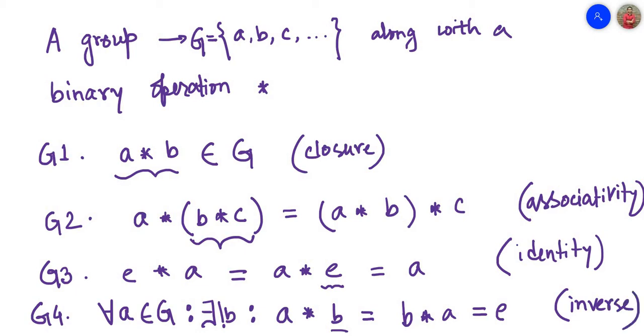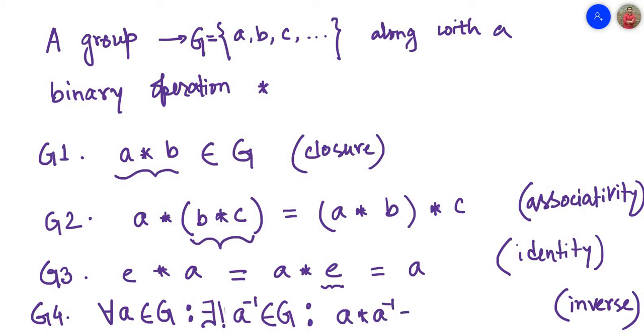By convention, we do not write different symbols for inverses. For a member A, we simply write A inverse. So instead of B, we write the inverse as A inverse, which is also a member of the group. And this will have the property that A star A inverse is the same as A inverse star A, and this will give us identity.